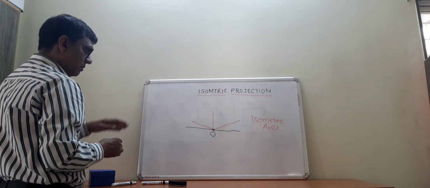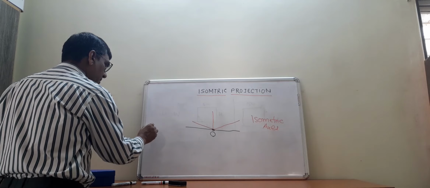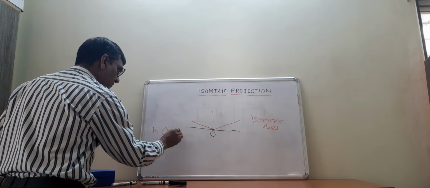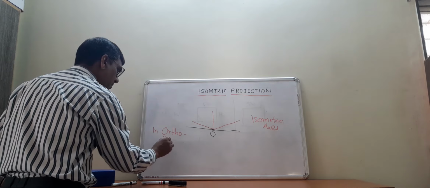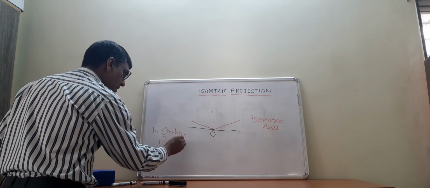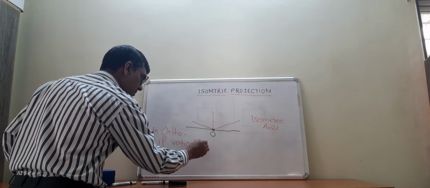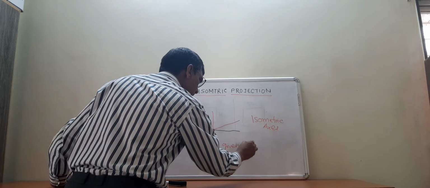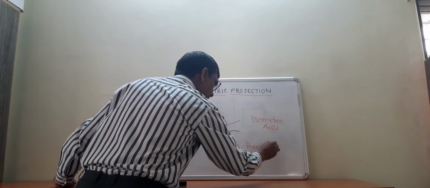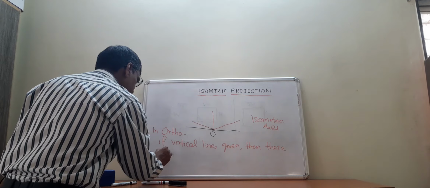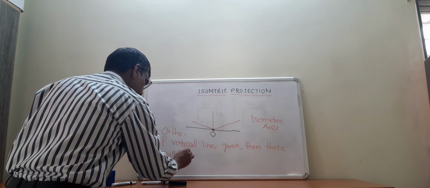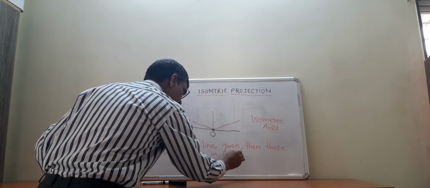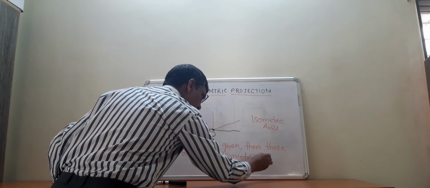Now by taking reference of these three lines, we can easily construct isometric box, because one rule, what it says, that in orthographic, if vertical lines are given, then those will remain vertical in isometric view.